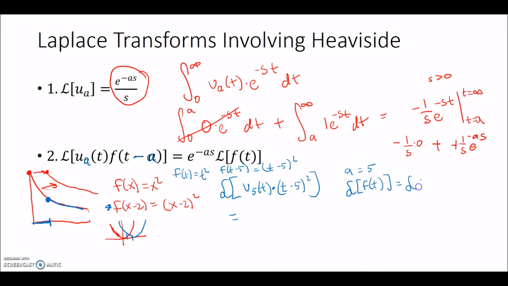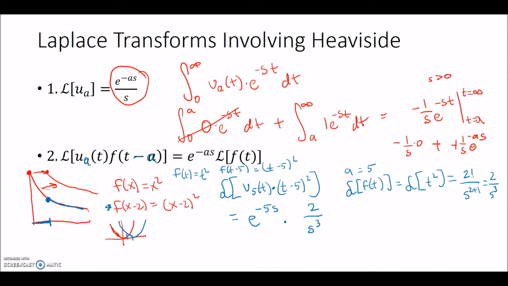So this is the Laplace of t squared, and we know that that's going to be n factorial, which is 2 factorial over s to the 2 plus 1, or 2 over s cubed. And so that means that my result is going to be e to the negative 5s multiplied by 2 over s cubed. Okay, so that's how that works forward.